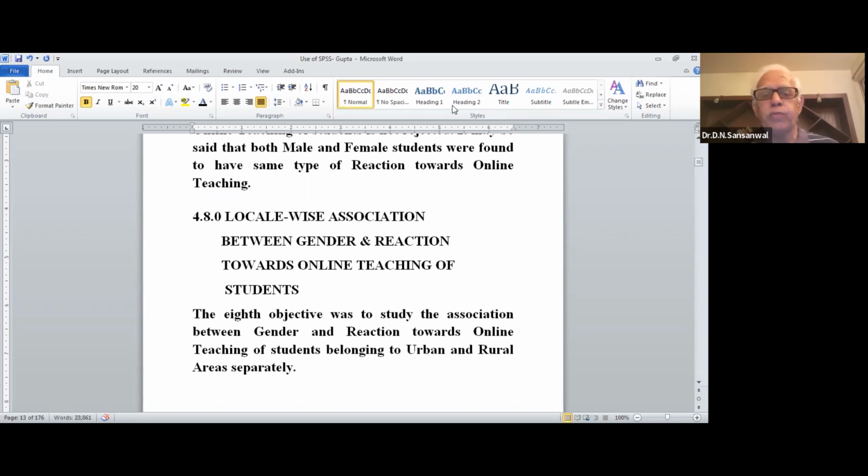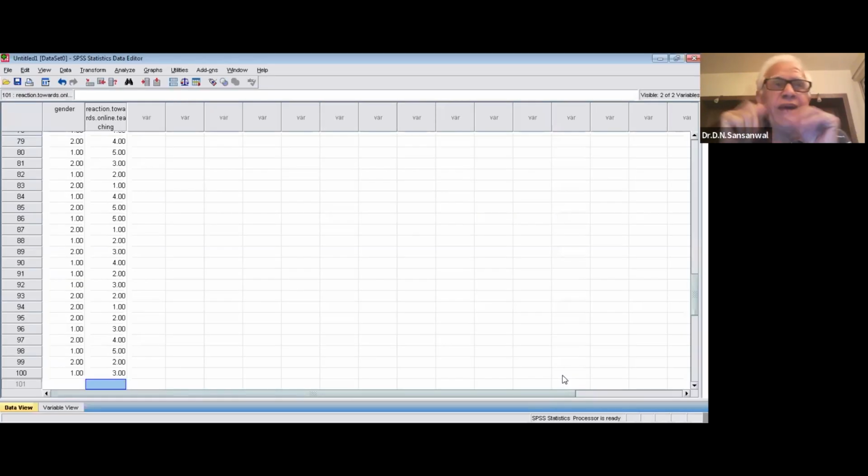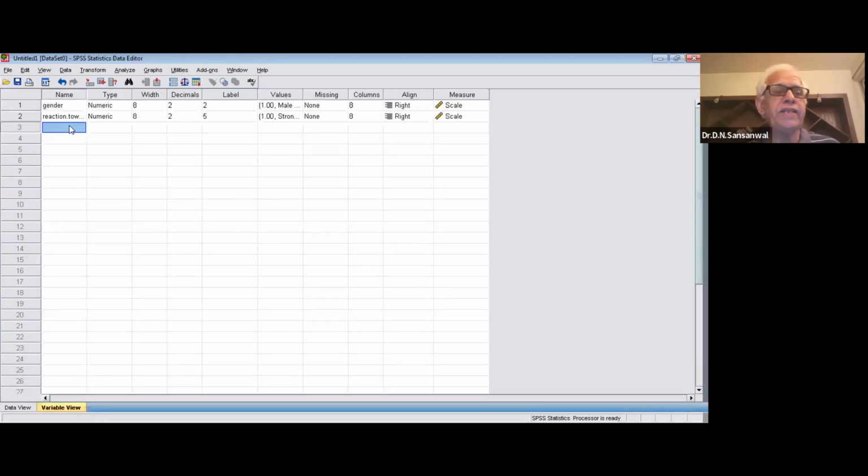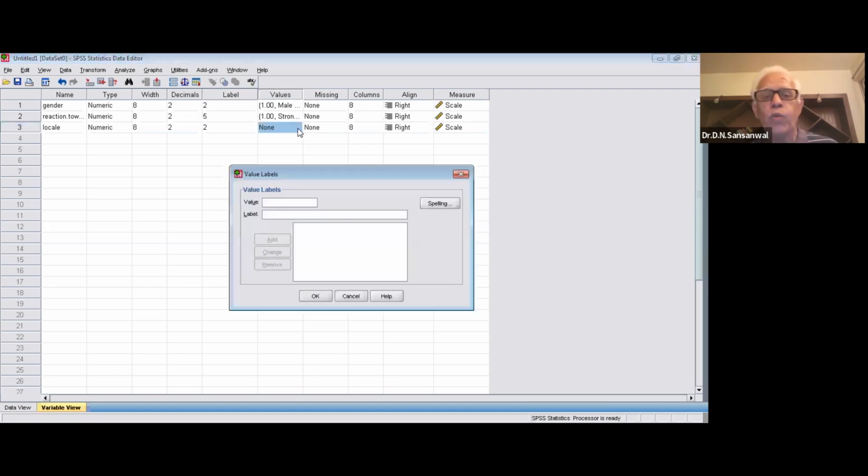Now, let me go to my SPSS. Now, this is my SPSS. Now, I have to add one more variable, and that is locale. It has got two levels. One is urban area. Two means rural area.